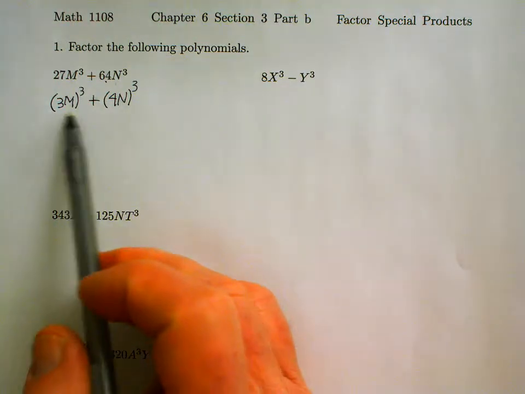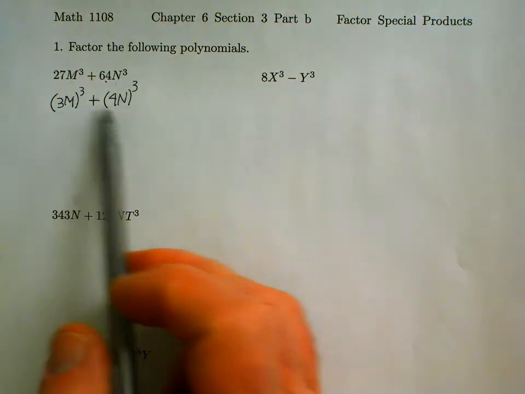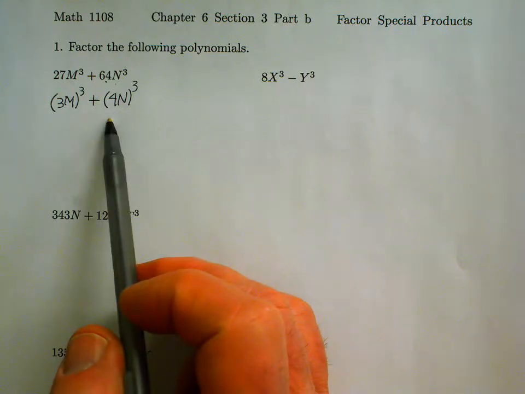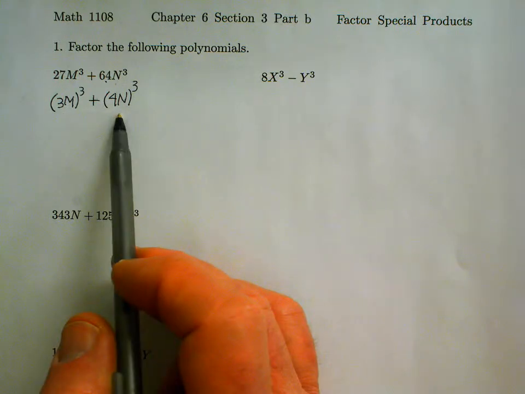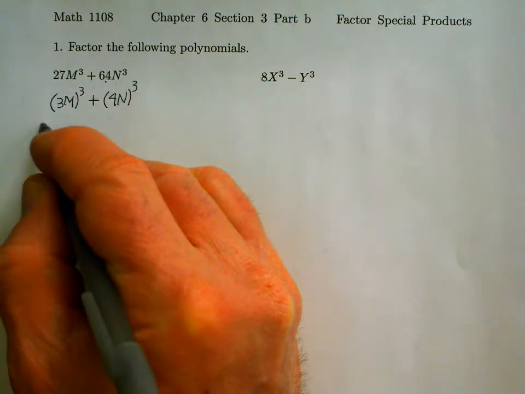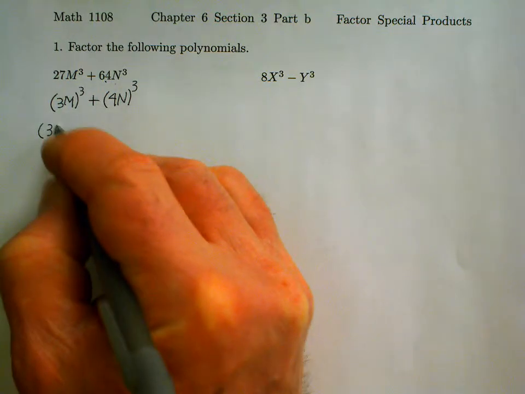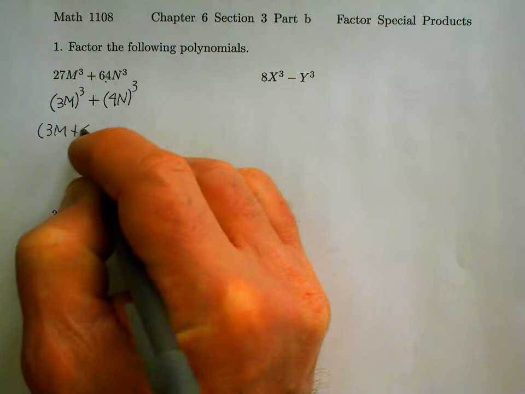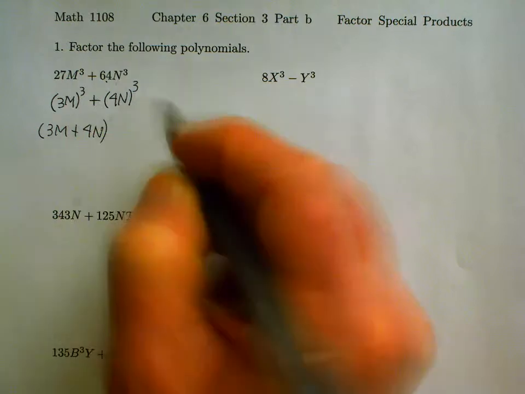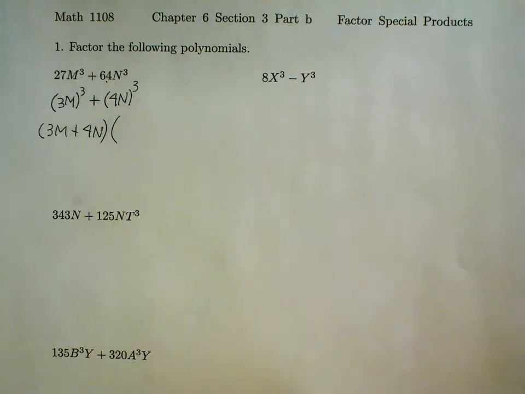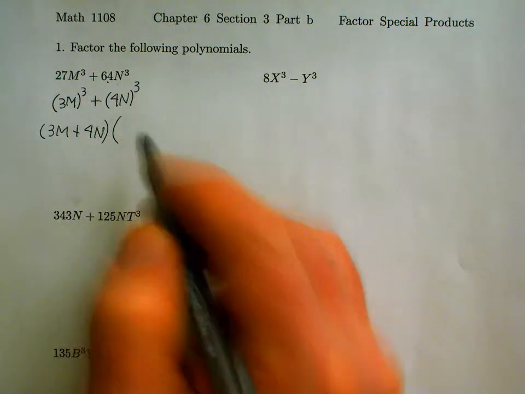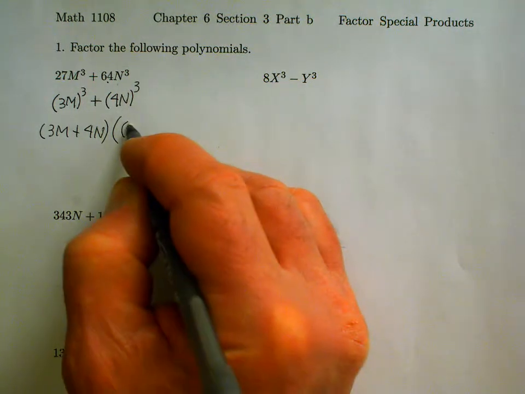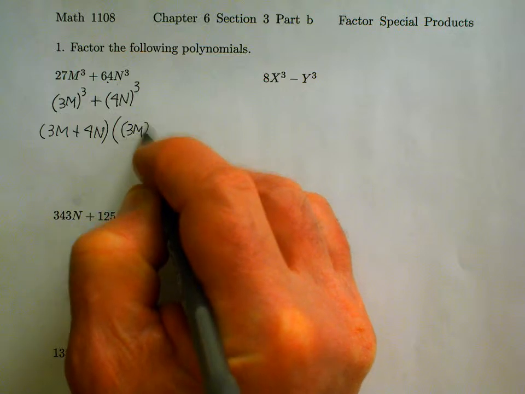And then we just apply the sum of cubes factoring formula. So the binomial factor is 3m plus 4n. And then in the trinomial, the first term is the term 3m to the second.